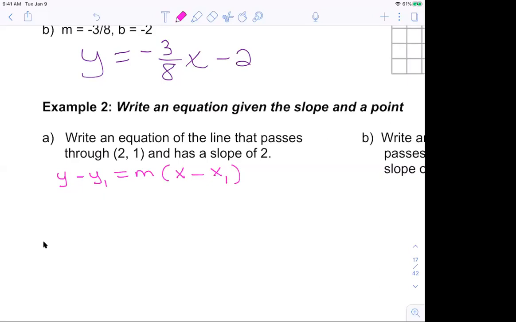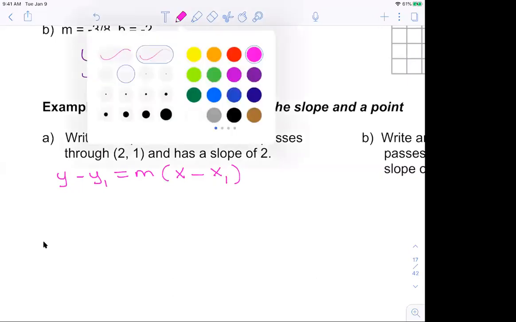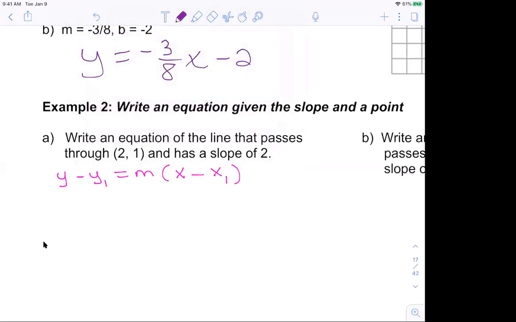It says our line passes through the point 2, 1 and has a slope of 2. So the slope is the m in the equation. The 2, 1 represents the x1, y1 in the equation. So I'm going to take my equation and replace the variables that I'm given.